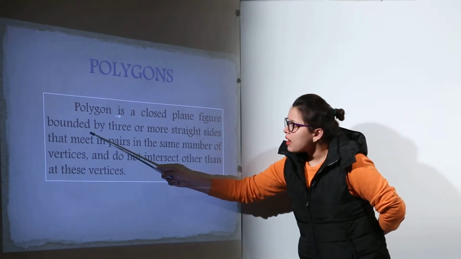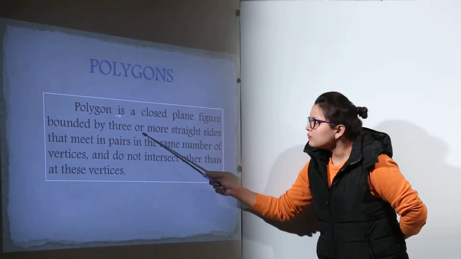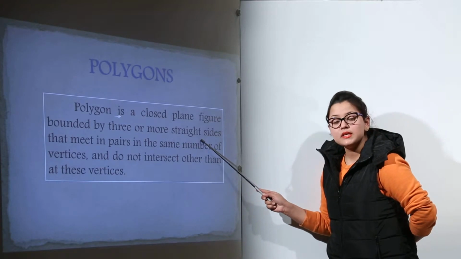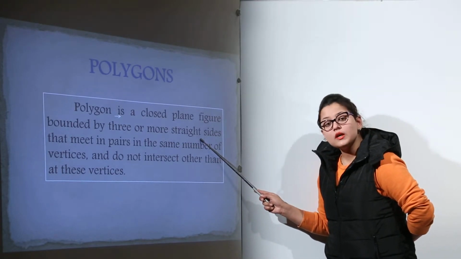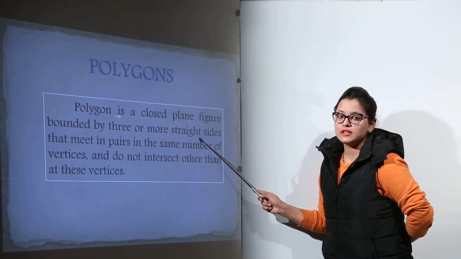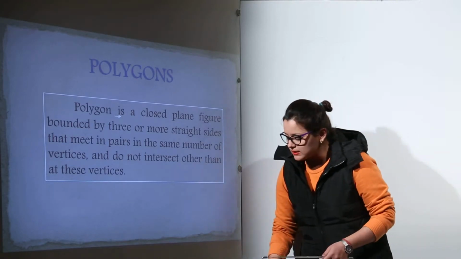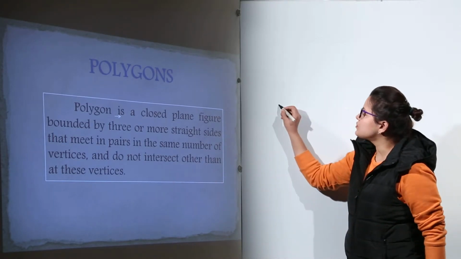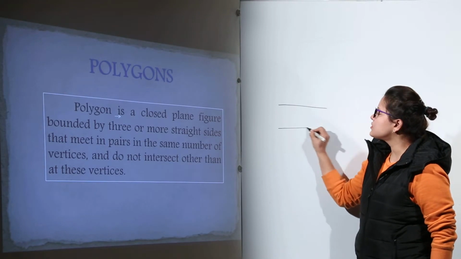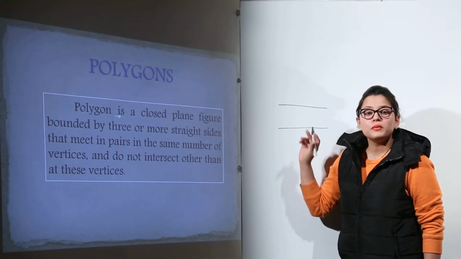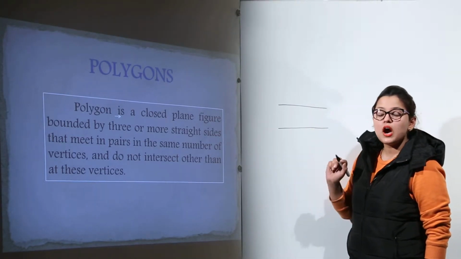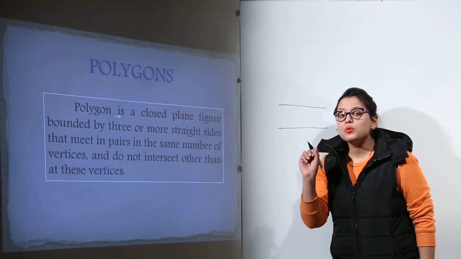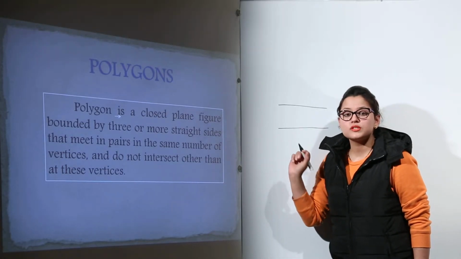And it is bounded by three or more straight lines. That means a polygon can have three or more than three straight lines, because if you make any two straight lines, I will not be able to make a closed shape with this. How many lines minimum do I need to make a closed figure?